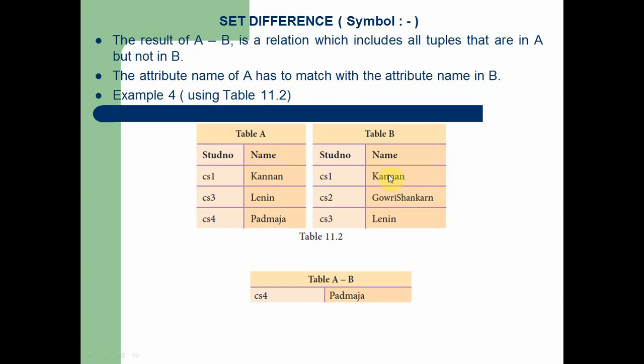Kannan is matched with the attribute of table B, so it is removed. Lenin is also matched with table B, so it is also removed. But Batmaja is not matched with the second table, that's why only this tuple is displayed on the screen as the result of the A minus B set difference.